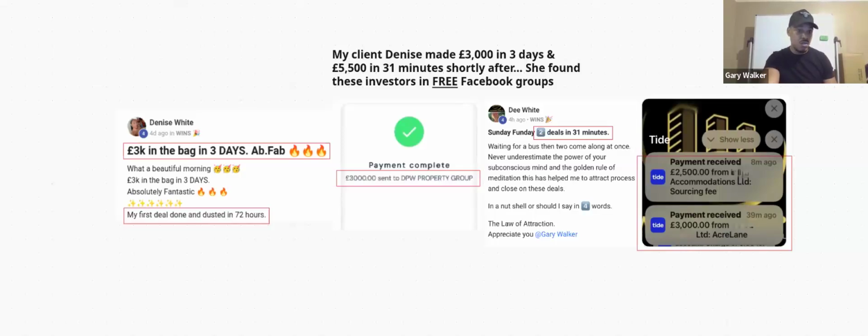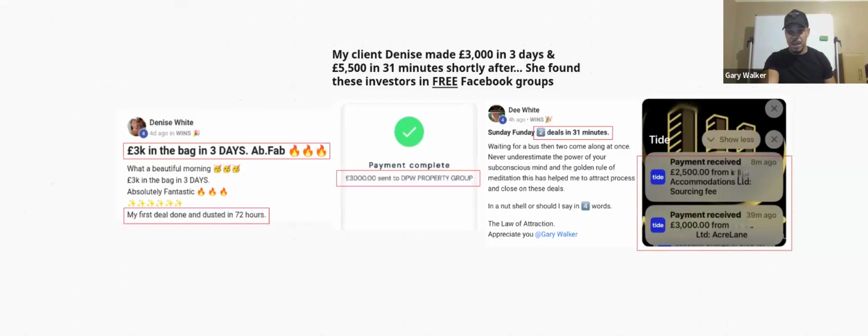After she sold her first deal within 3 weeks, and it only took her 3 days to get the deal done and dusted and be paid, only a week or so later, she went on to sell another two deals, which you can see here. She said, look, Sunday fun day, 2 deals in 31 minutes. And these are the two payments coming in.